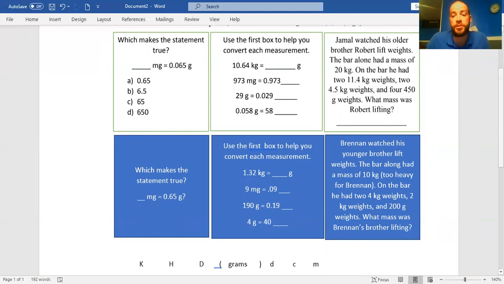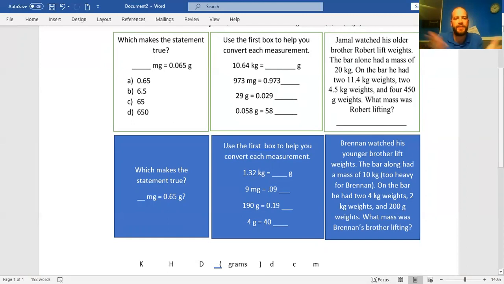And then Jamal watched his older brother Robert lift some weights. The bar alone had a massive 20 kilograms. On that bar, he had 2 weights of 11 4/10 kilograms, 2 weights of 4 5/10 or 4.5 kilograms, and then 4 weights of 450 grams. Ooh, see how that one's grams, the rest are kilo? That's like if all of them are fourths and that one's halves.